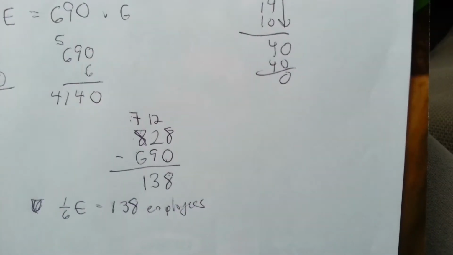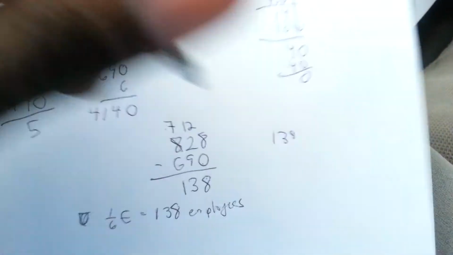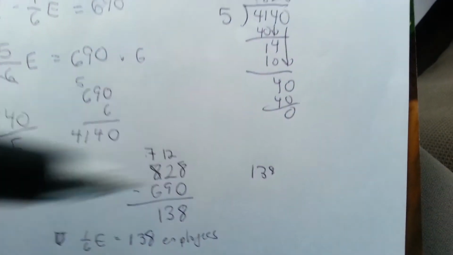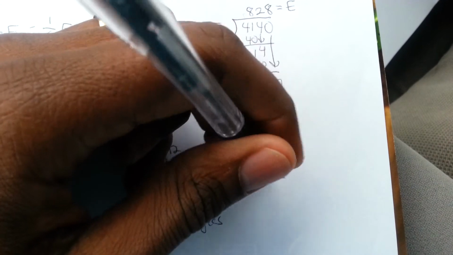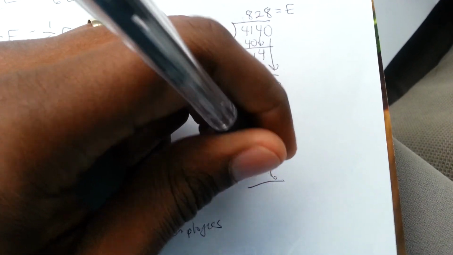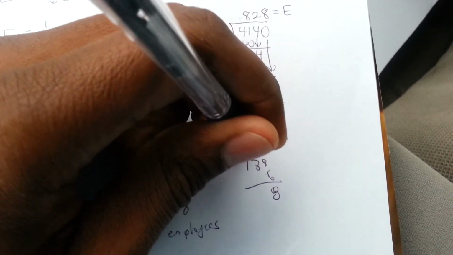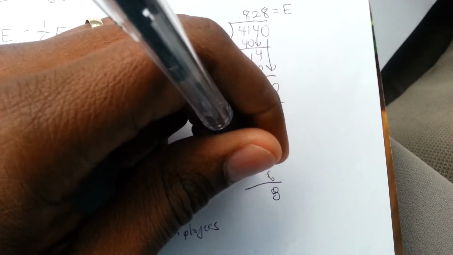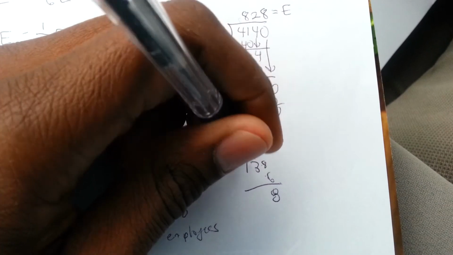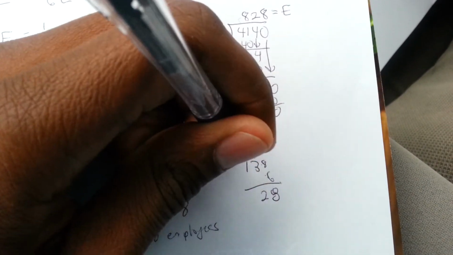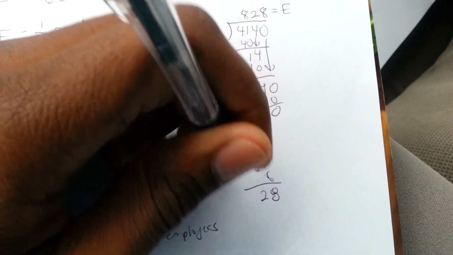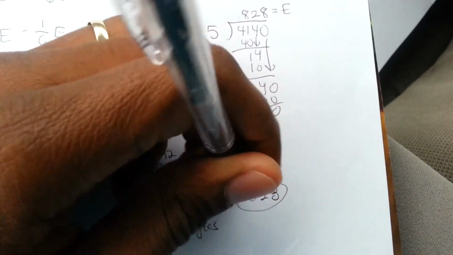You can check that by multiplying this by 6. Since 138 is 1/6, times 6 should give you the total number of employees that we started off with. So you can actually check the two answers at the same time. 6 times 8 is 48. I can write 8. 6 times 3 is 18 plus 4 is 22. 6 times 1 is 6 plus 2 is 8. That's 828.